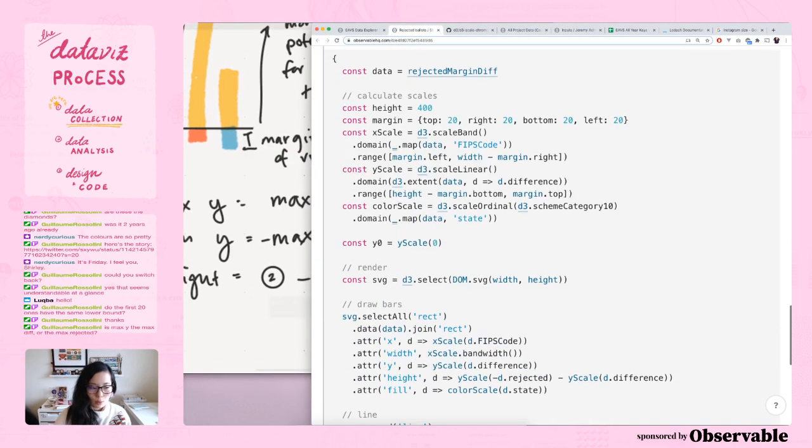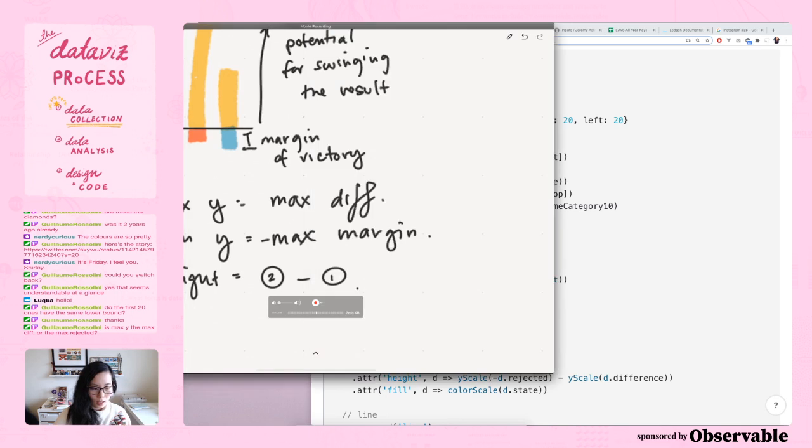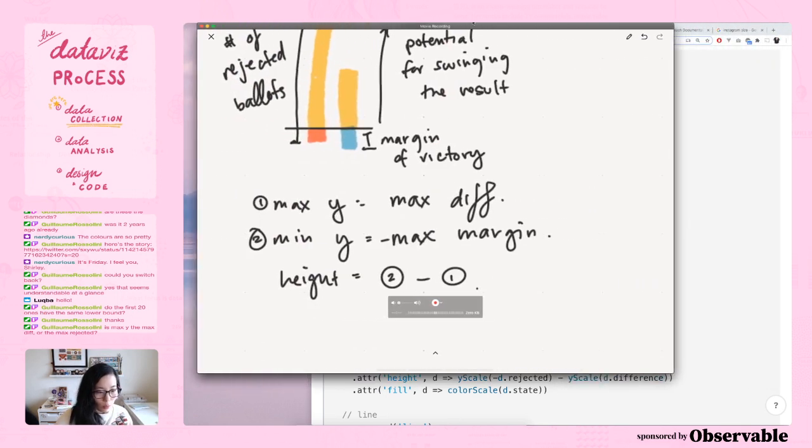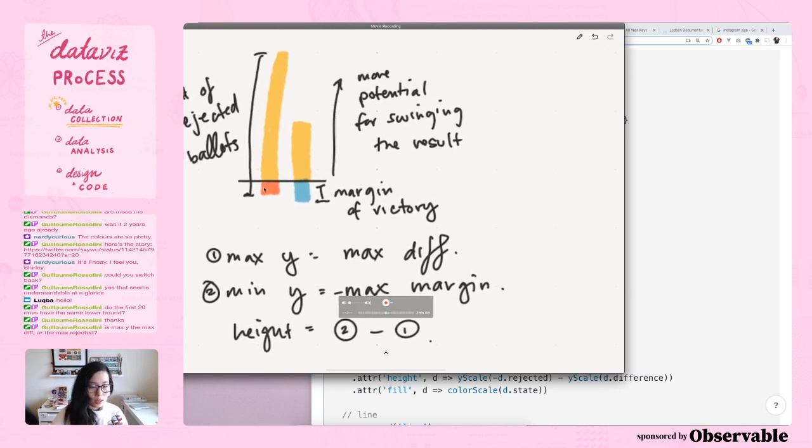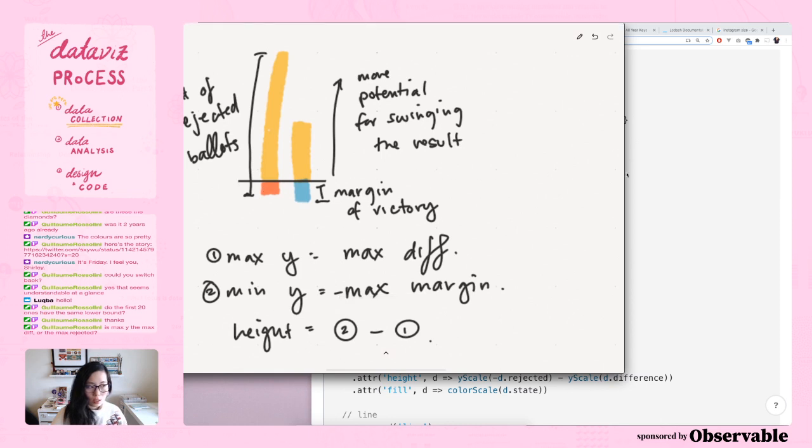Okay, I have a plan. Max difference. So max y, is max y the max difference or the max rejected? No, it's the max difference because... so essentially there is... it's the max difference. No, wait.